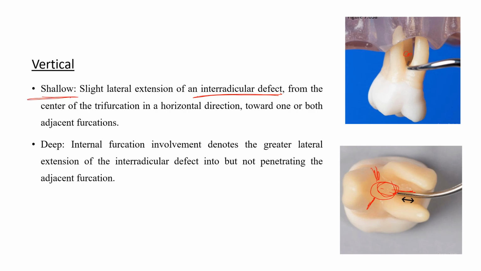If it extends more than shallow or greater in the lateral direction, then it is considered as deep, but it is not penetrating the adjacent furcations. So this is the vertical component. Basically, the bone loss starts from the middle of the trifurcation area and then it extends laterally. If it is a slight lateral extension, it is considered shallow. If it is more, it is considered deep.